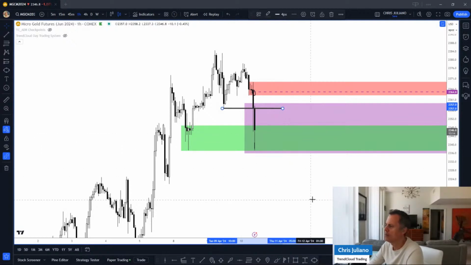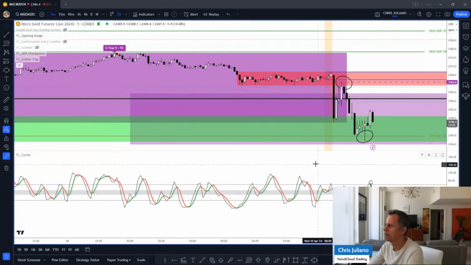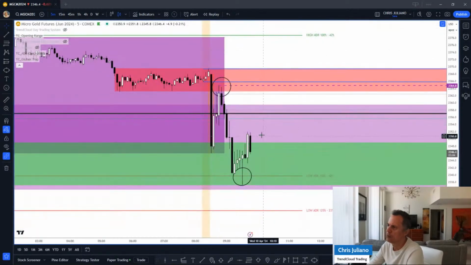So when you look at it on the low time frame, we need to break through this. And if we break through this, we will start to see that momentum shift on our charts. Okay, and we're going to watch and see that.